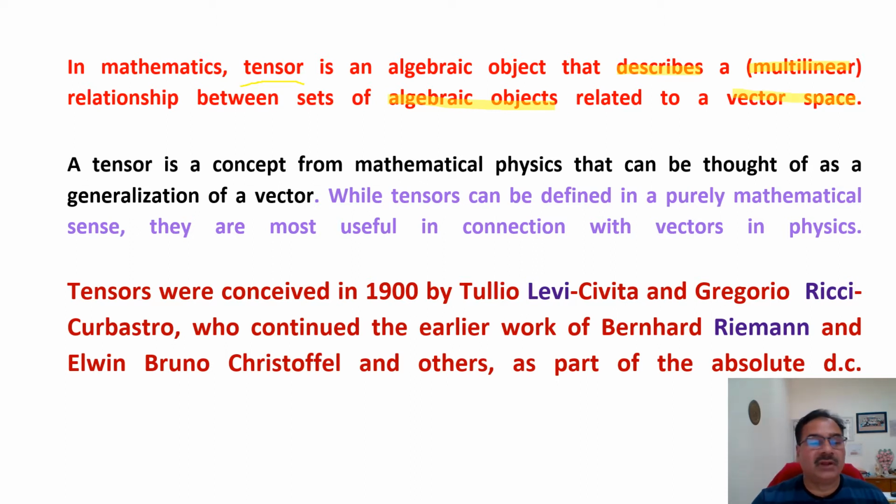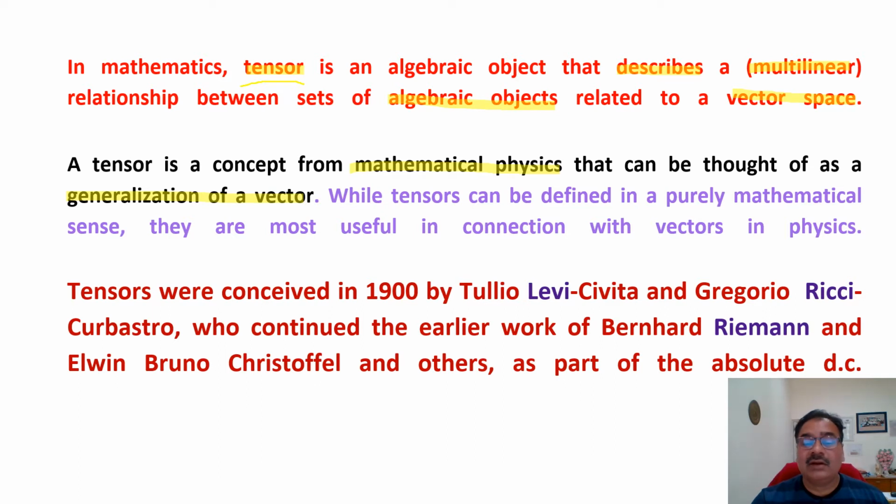Once again, I am repeating the definition. In mathematics, a tensor is an algebraic object that describes a multilinear relationship between sets of algebraic objects related to a vector space.